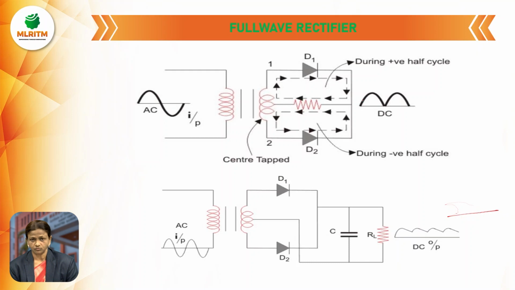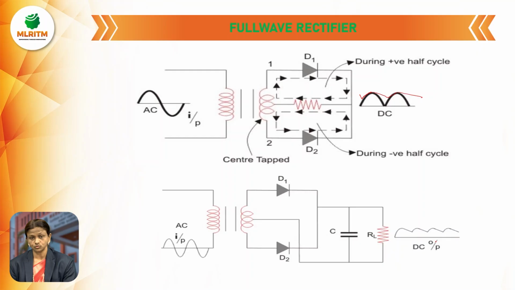From one fourth of the positive half cycle to the maximum peak, the capacitor charges, then discharges, again charges, discharges. So the waveform will be like this. If you connect one capacitor parallel to the load RL, the output will be like this.